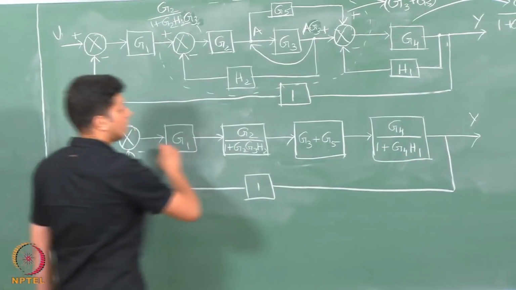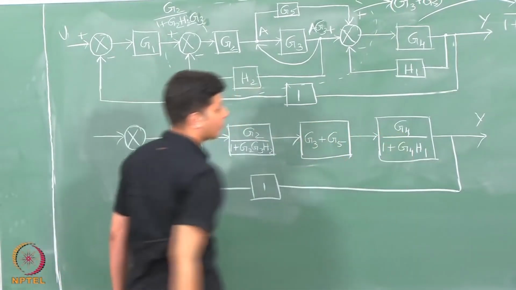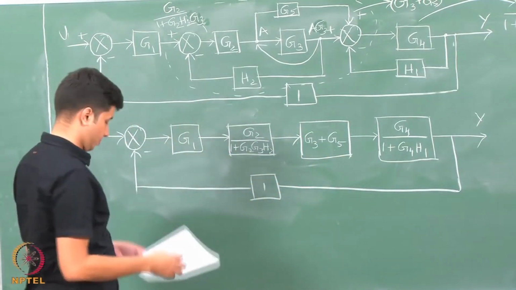So, now we have two more simplifications to do. One is the cascade of all these 4 blocks and then applying the feedback law.